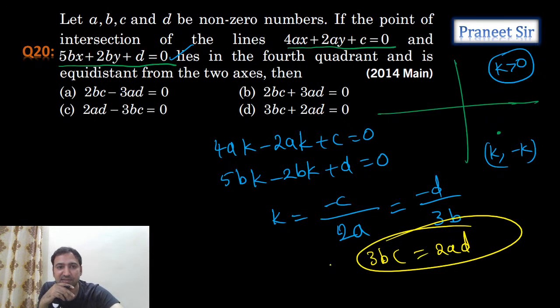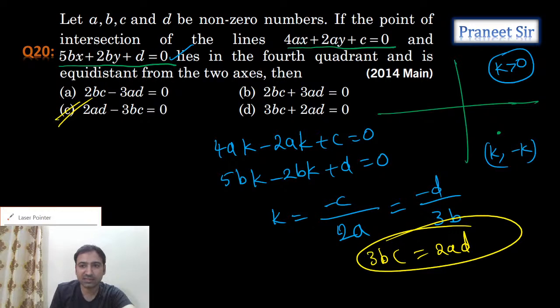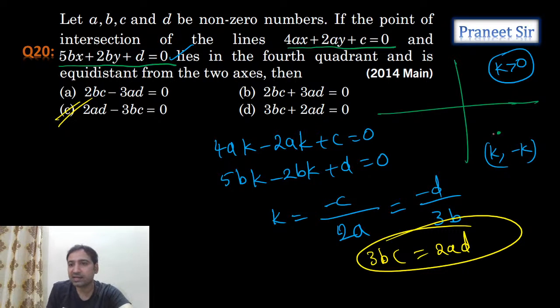Where are we getting this? 3bc is equals to 2ad. Third option, right? Correct. So guys, is it clear? Any doubts in this? Because it is equidistant from both the x-axis and y-axis, we can take the required point as k comma minus k.